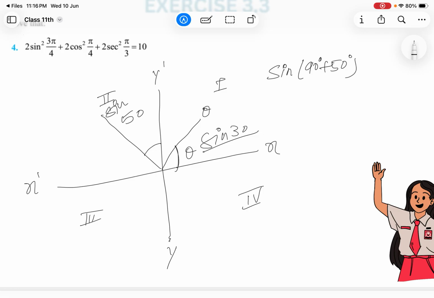Okay, and this will be converted into cos 50 degree. Okay, so when we have any angle with respect of x-axis, then it will not change, it will remain the same.